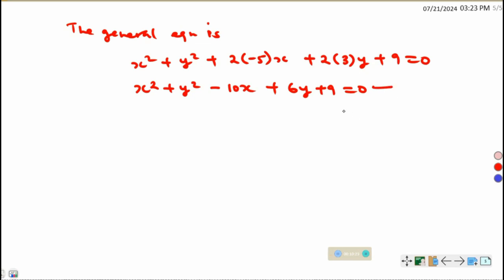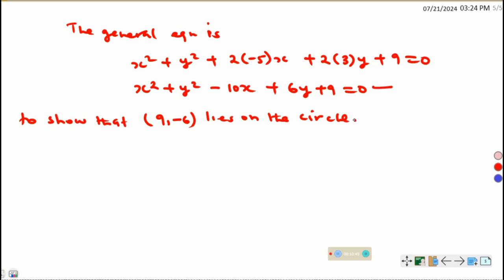But now, since we need to show that all the 4 points lie on the common circle, we shall now need to test for the remaining point. Now we need to show that the other last point, that is 9, negative 6, lies on the circle. So it will lie on the circle if it satisfies this equation of the circle.